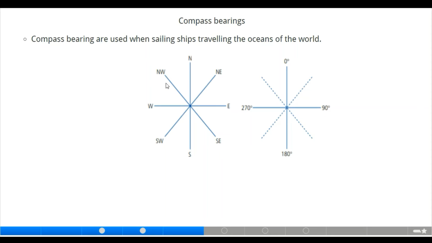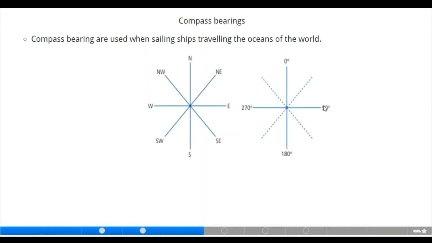Then between north and west, we have so many other cardinal points. For example here, we have northwest, northeast, and it goes that way. We have southeast and southwest. Now let's look at this. From north to east is 90 degrees.